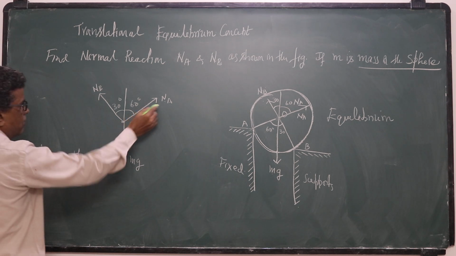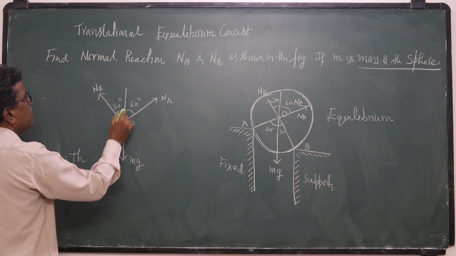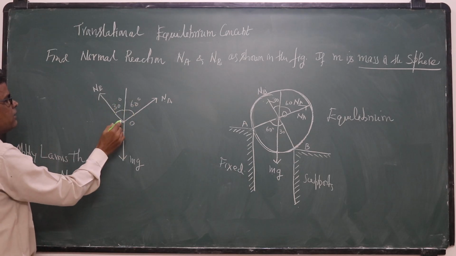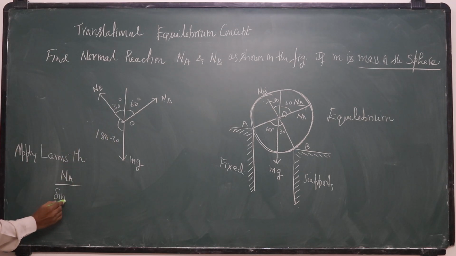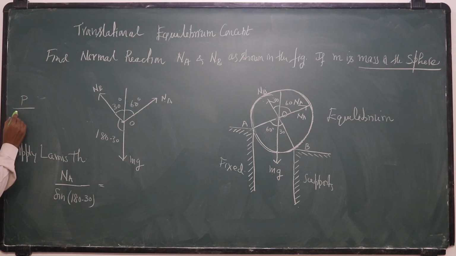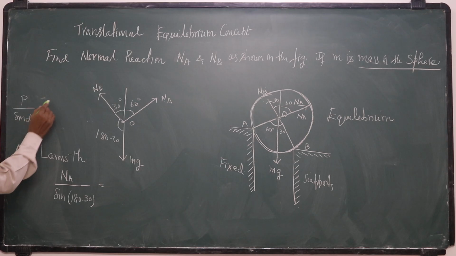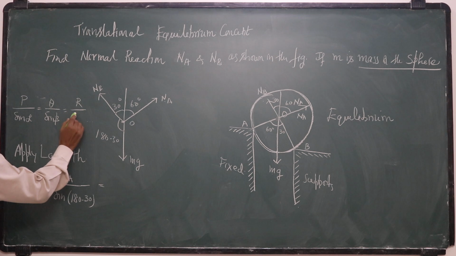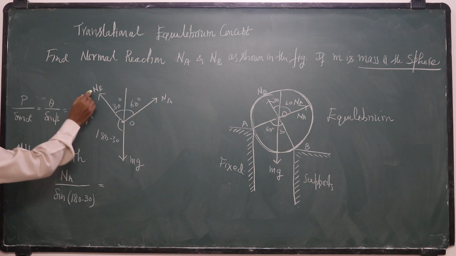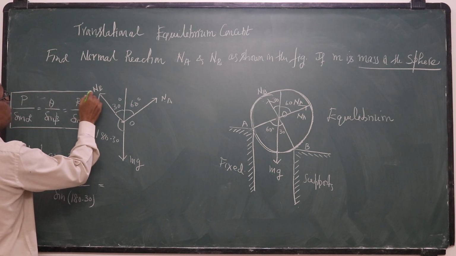NA by sine of the opposite angle. What is the opposite angle? This is 30, so this angle is 180 minus 30. So sine 180 minus 30. What is Lami's theorem? As I explained, P by sine alpha equals Q by sine beta equals R by sine gamma. This is the statement of Lami's theorem.